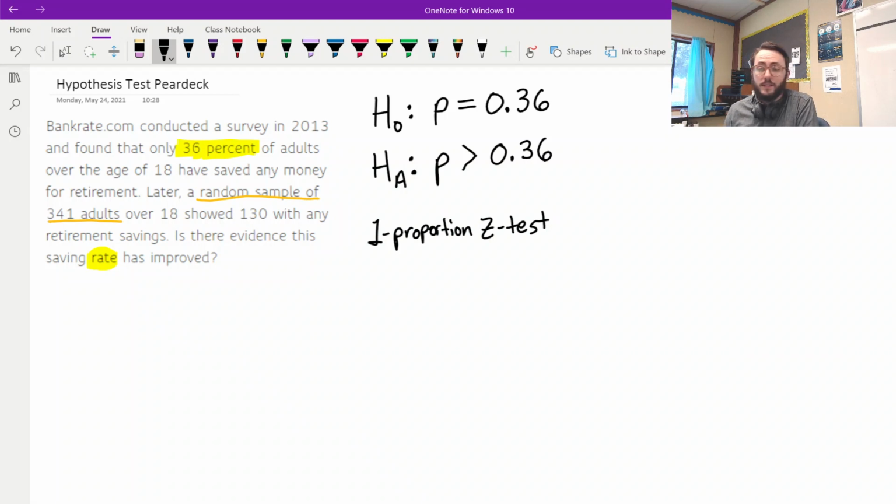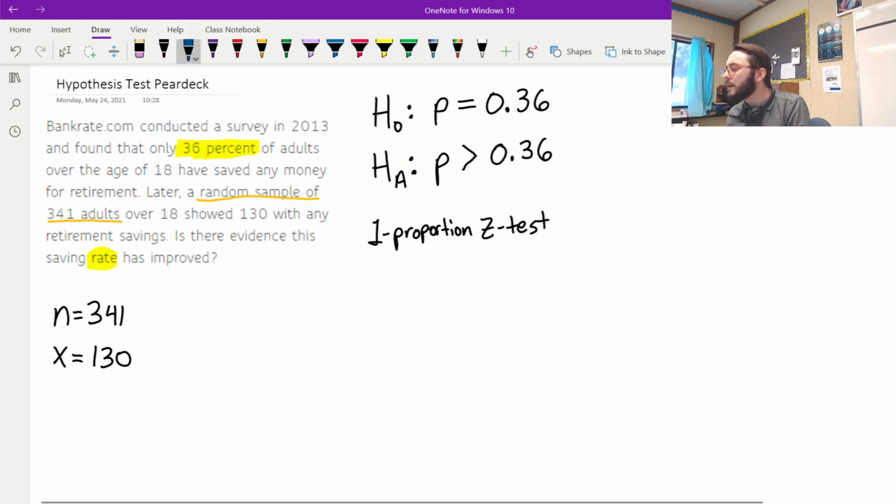Okay, so now let's get down all of our information. Our sample size, n, was 341. The number of successes, the number of adults who had saved, was 130. Now we can combine those into our estimate, p hat.